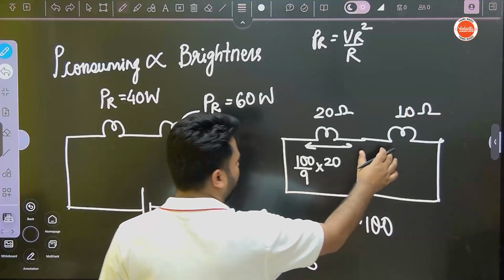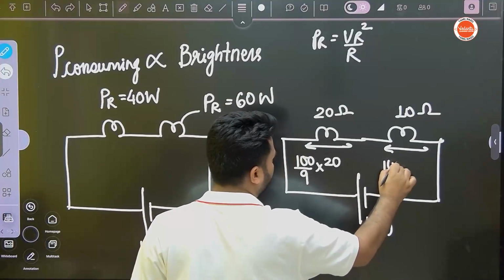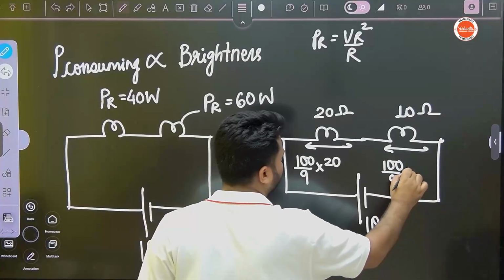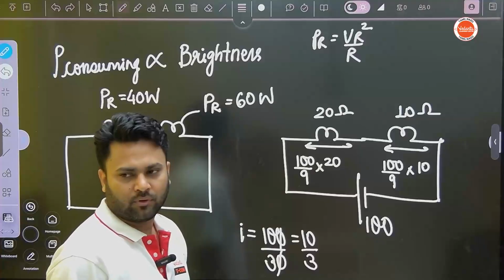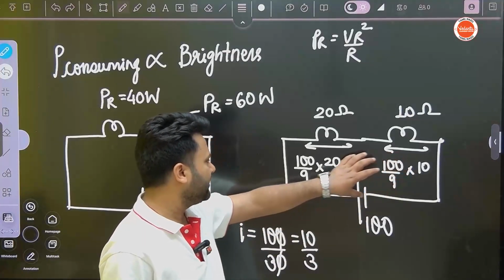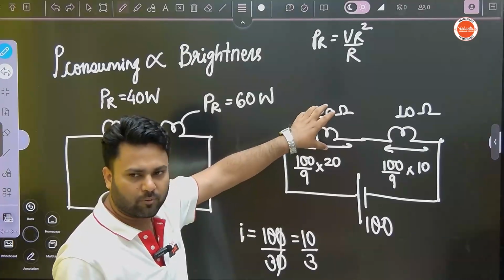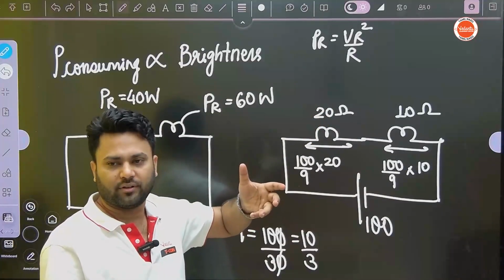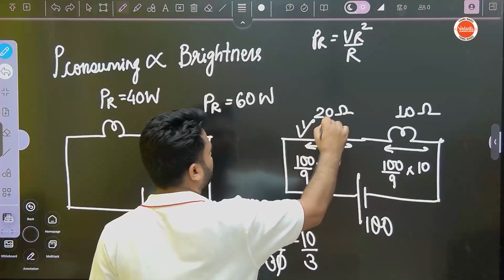What is the power consumed by this? I square R. I square will be 100 by 9 into resistance. You can see this is less, this value is more. So this will consume more power. So this will glow more. Its brightness will be more.